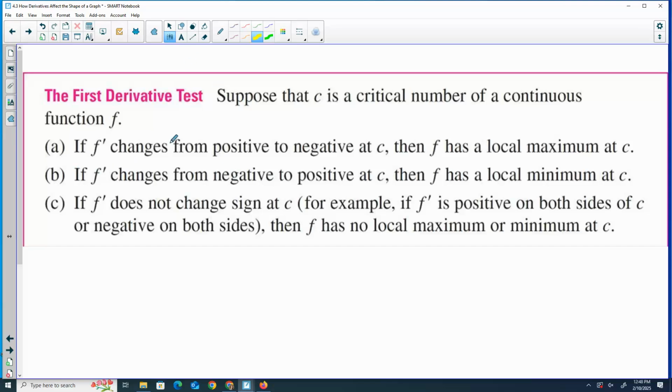If f' changes from positive to negative at point c, then f has a local max. If it goes from negative to positive, so decreasing to increasing, that's a local min. If your sign does not change, so if it's positive to positive or negative to negative, there is no max or min at that point.